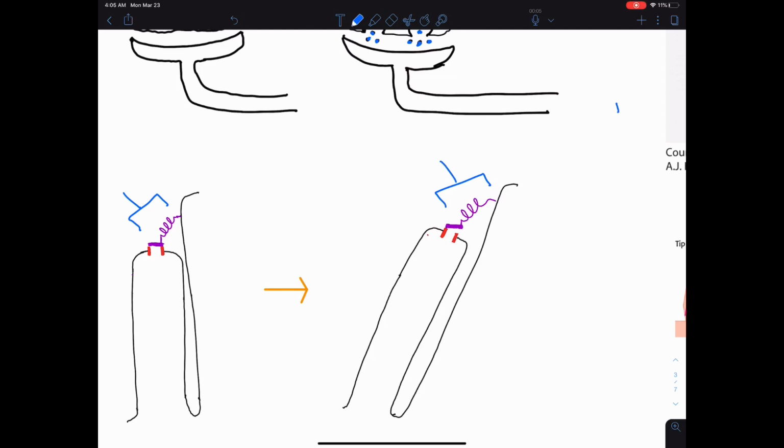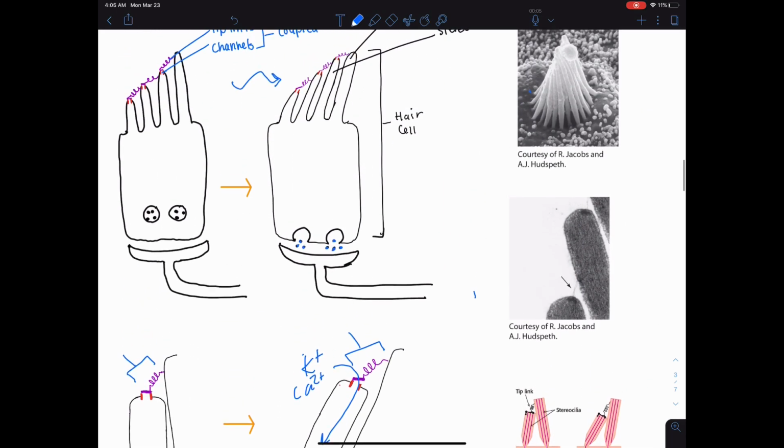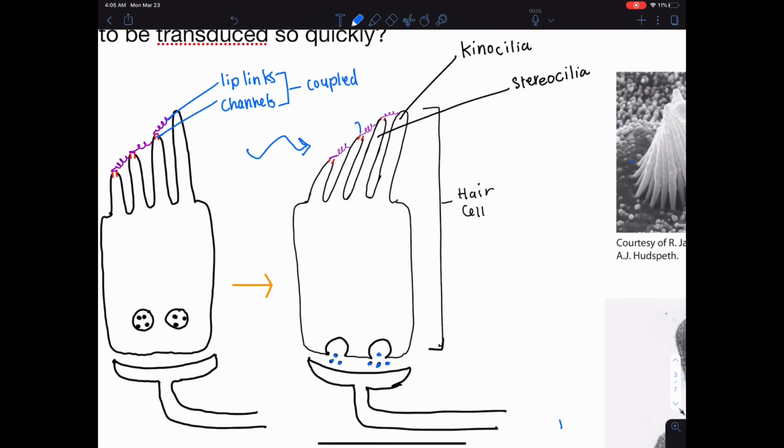At this very top, potassium and calcium rush into the cell through these channels, and they begin to depolarize the cell.